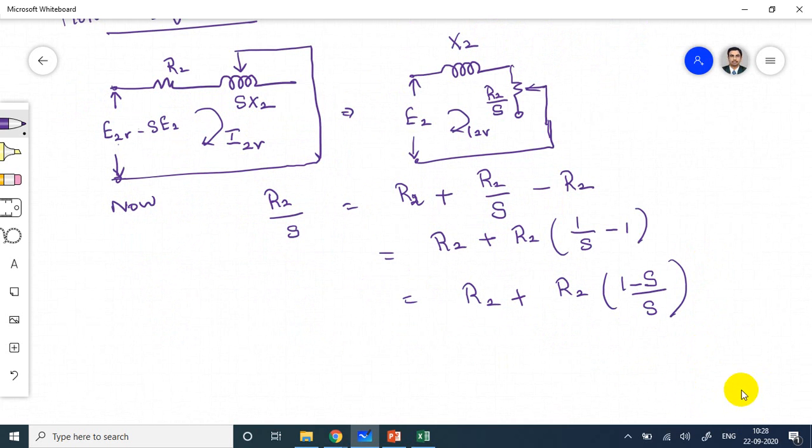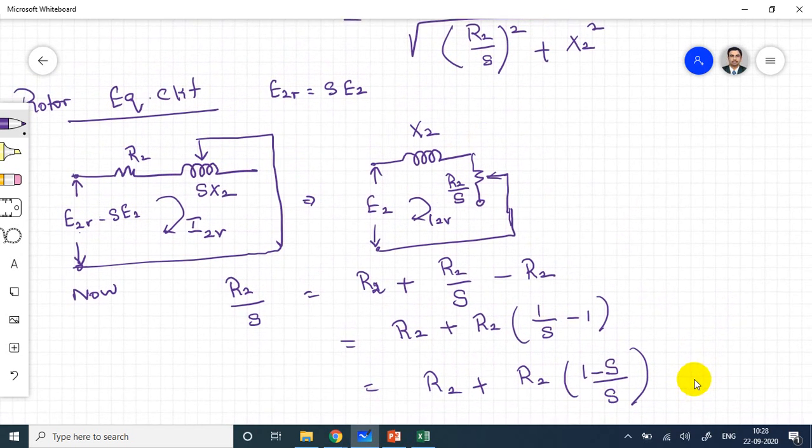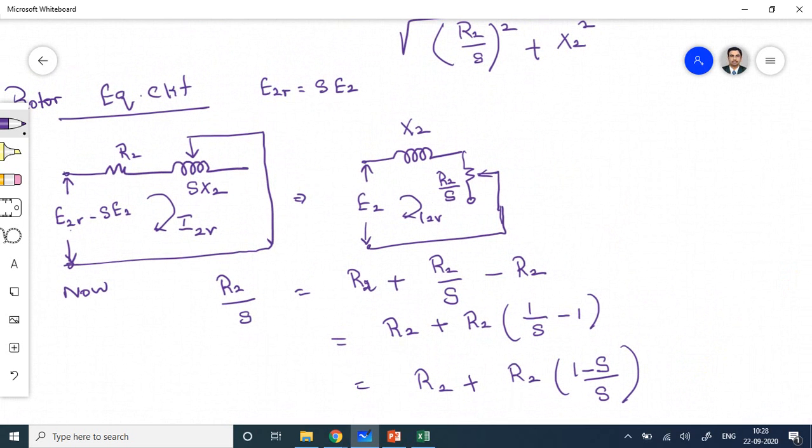Again we are going to draw this diagram. X2, E2, this is R2.